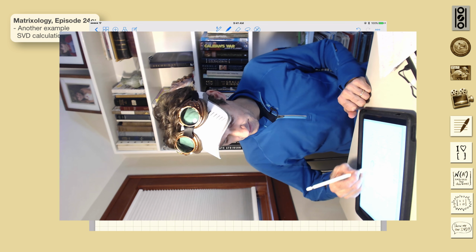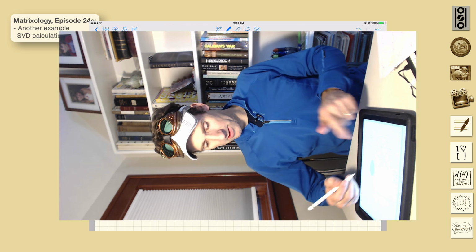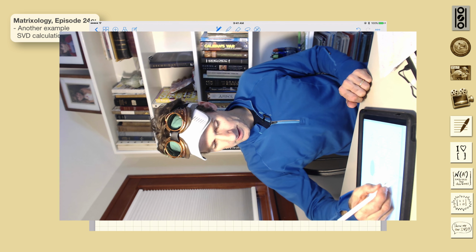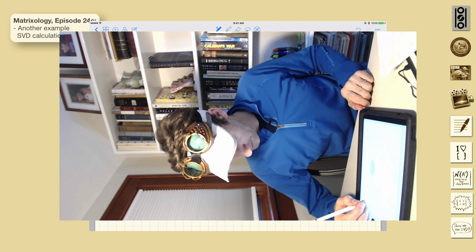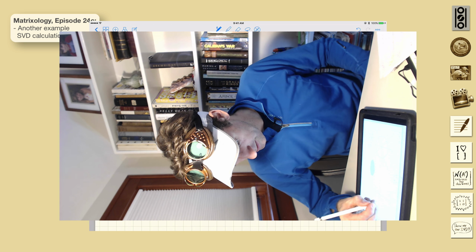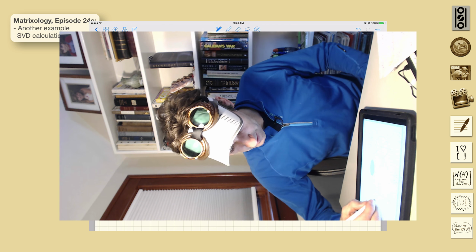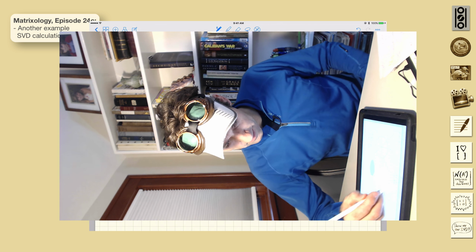So this is our A. Inside this A, it has these nice 2 eigenvectors for row space. And then it had these other ones, which we've seen a million times. So maybe this one and this one.